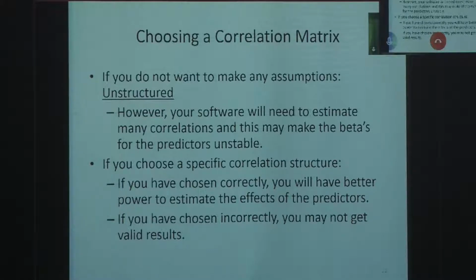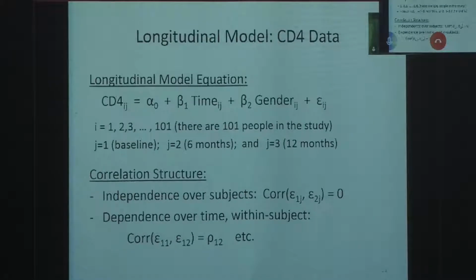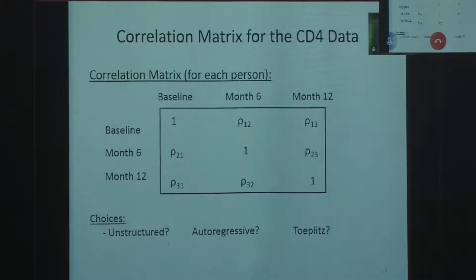Okay. So back to our CD4 counts, same structure of the model, independence over people, dependence over time within person. I need to choose a correlation matrix. I need to tell my software what sort of correlation: unstructured, autoregressive, Toeplitz. I've already decided that exchangeable is not reasonable for this situation.